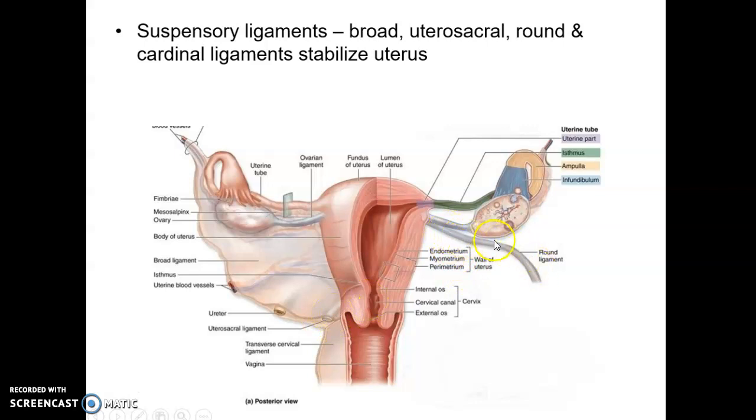Then there's the round ligament seen here, which goes anteriorly towards the mons pubis. And then the cardinal ligaments all work to stabilize the uterus and hold it in place. The cardinal ligament is not really shown on this diagram.